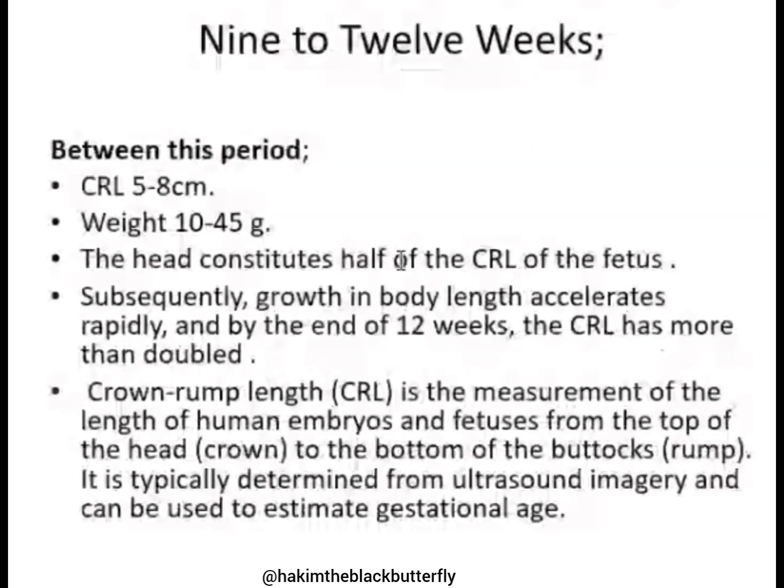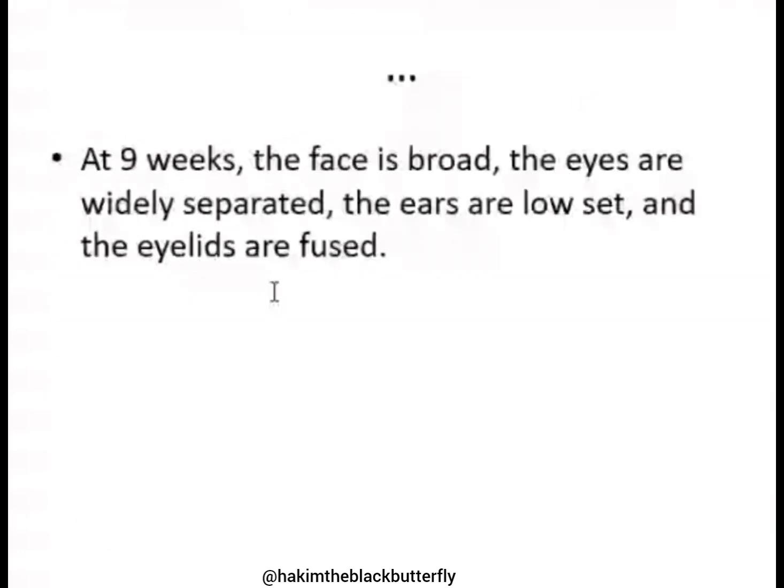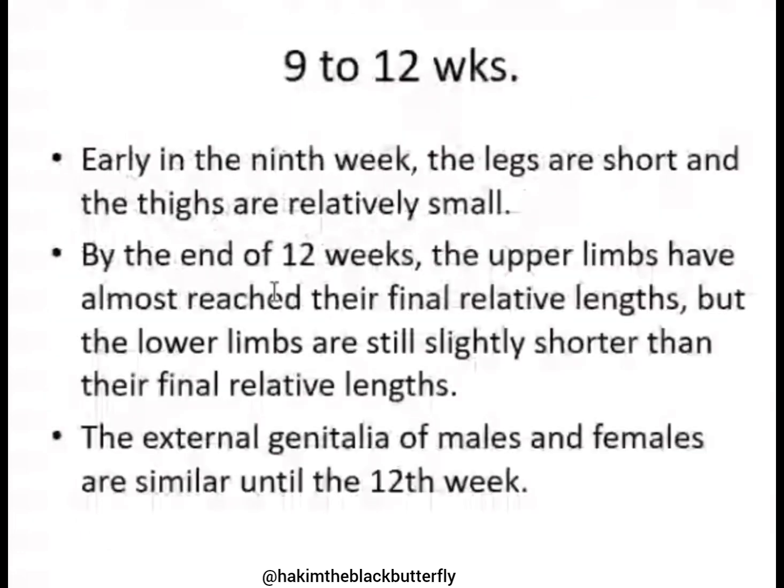So we have looked at week 9 up to week 12, the crown rump length, the weight, the structure of the head, other features. The legs are still short, and the thighs are still small. The lower limbs are still differentiating. They have not yet reached their proportional size.